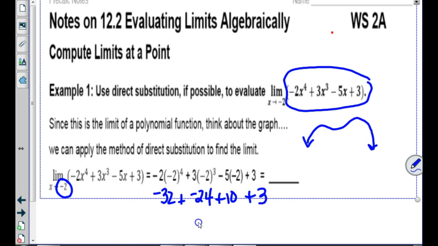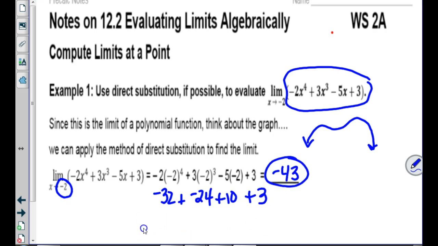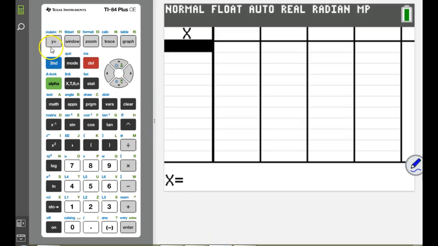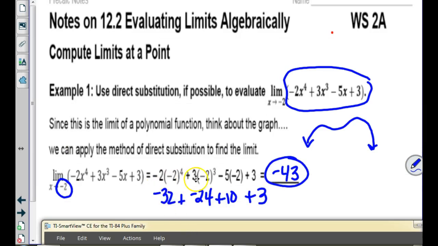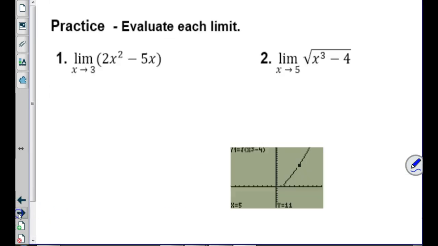Did anybody get that? I think it's negative 43. There's a lot of parentheses there. Someone get that? I'm going to go with this is right, but I think I did it right.